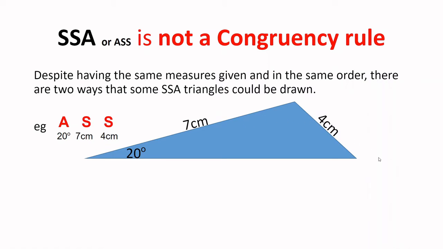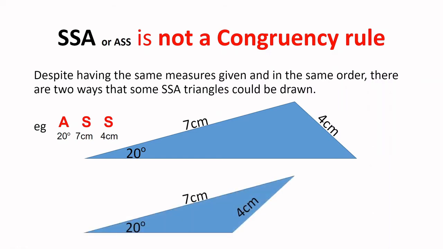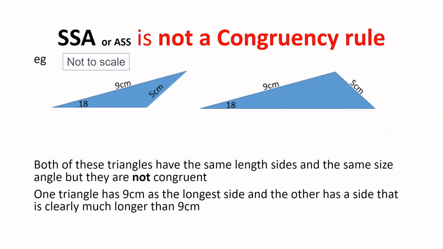Feel free to hit pause if your mind is being blown right now. Just make sure you hit play so we can carry on. Okay, so there are two different ASS triangles with exactly the same measurements. This is why we can't trust ASS to be a rule for congruency, because these triangles are obviously not the same shape and size.